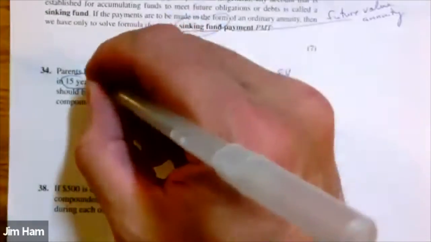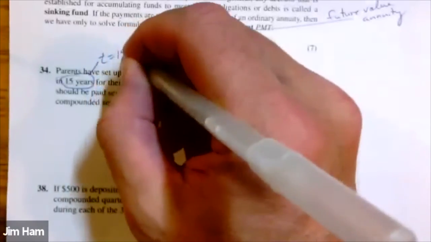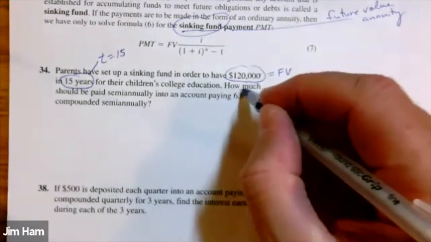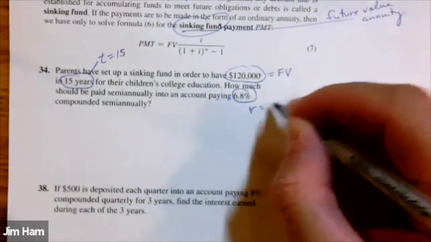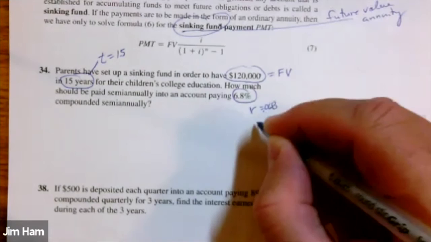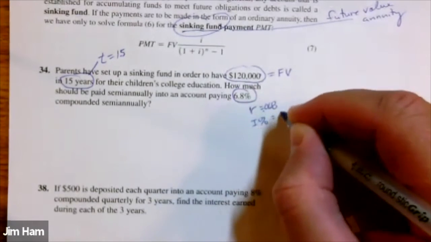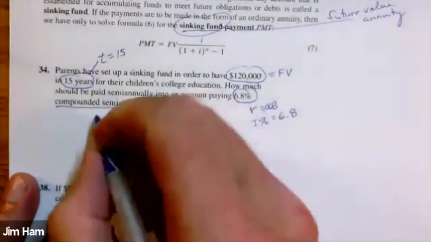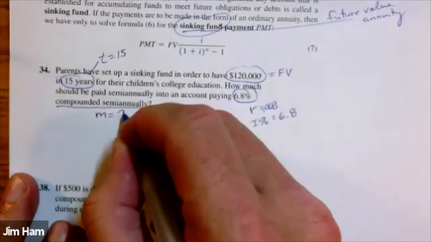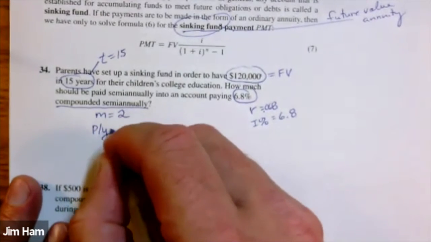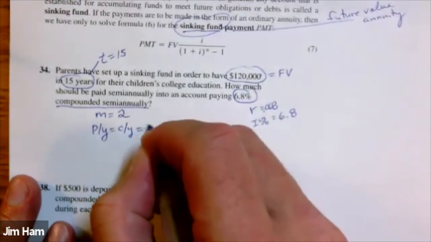You see the number of years here. That's what we call our T. We're going to assume an annual interest rate of 0.068. If you enter it into the TVM solver, it would just be 6.8. Because this is compounded semi-annually, this is the value of M, which is also the payments per year and the compounding per year.